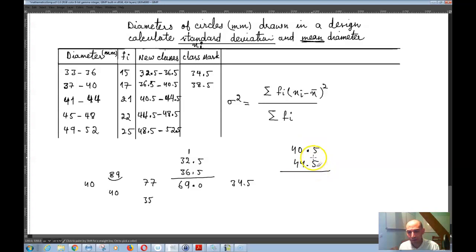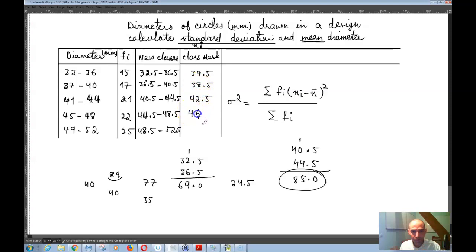Add them together and you will get 85. That's 85, so you get 42.5. And then you can see that the difference over here is 4.